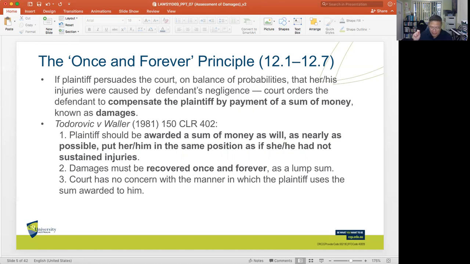And as important, damages must be recovered once and for all as a lump sum. Although we can see later on that it's possible for the parties to agree that it doesn't have to be a lump sum.